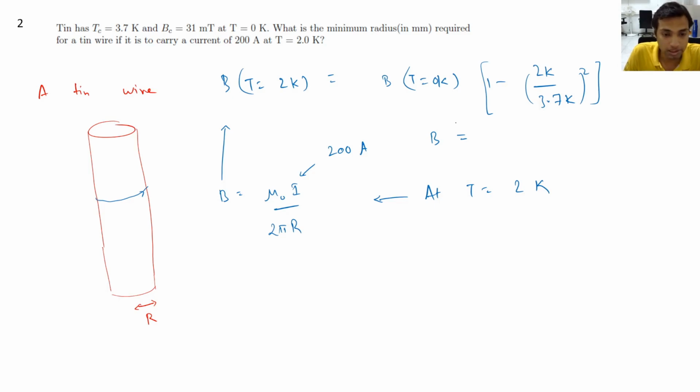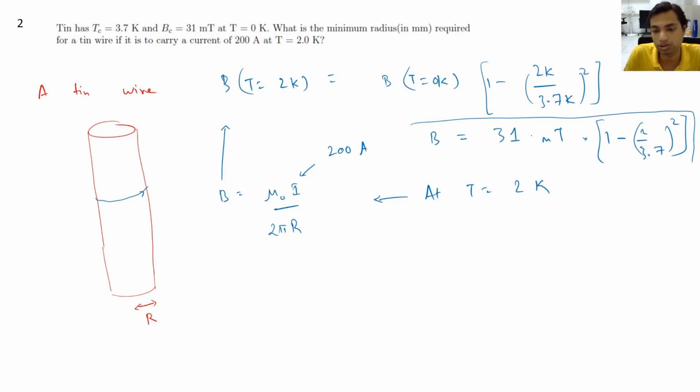B at 0 Kelvin is 31 millitesla. So it is 31 millitesla into 1 minus 2 over 3.7 whole square. This is how you will get B. After obtaining B, you have to put it back here.